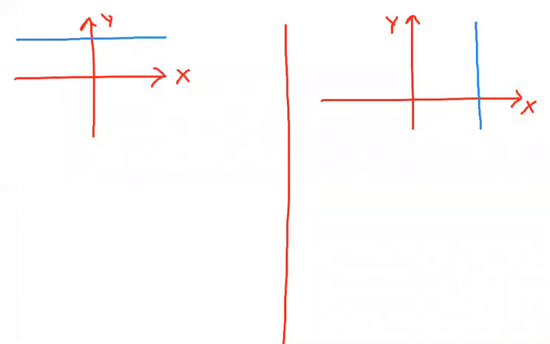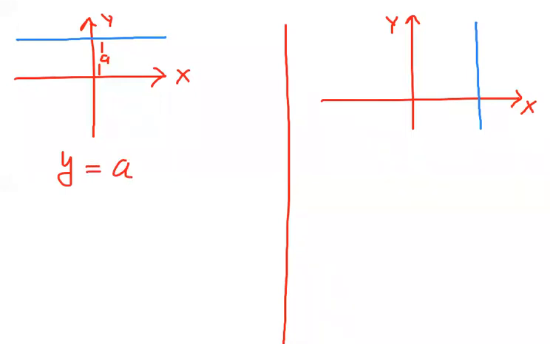So what will be the equation of these two lines? When the line is parallel to x-axis, we are supposing this is at a distance of a. So on y-axis we are moving a. So it will be y equals a because it is on the positive side.